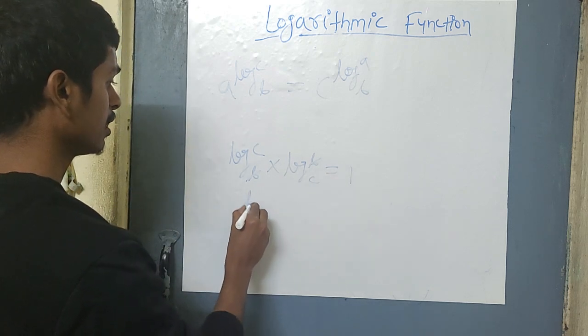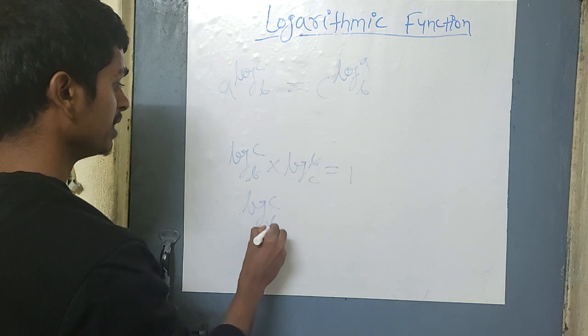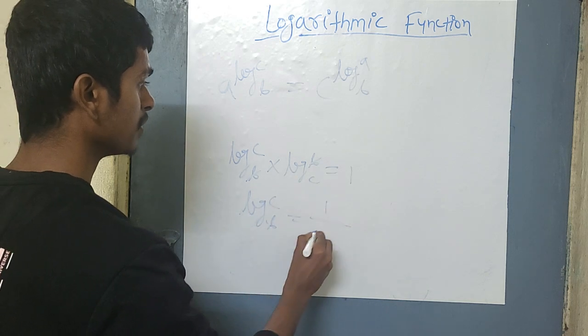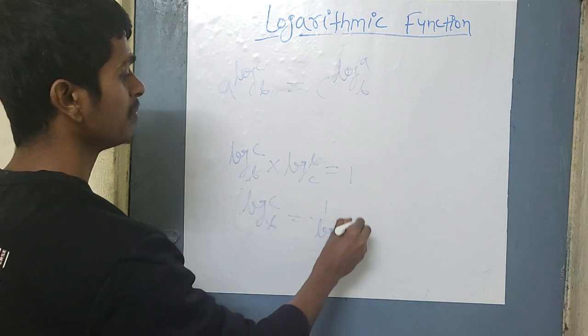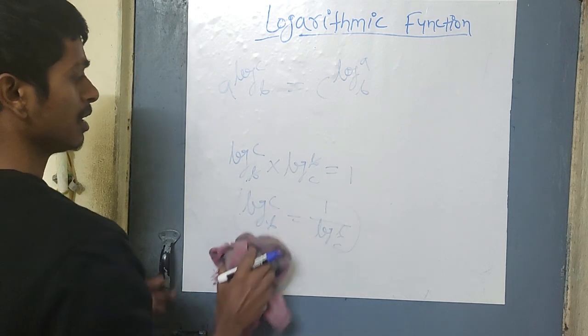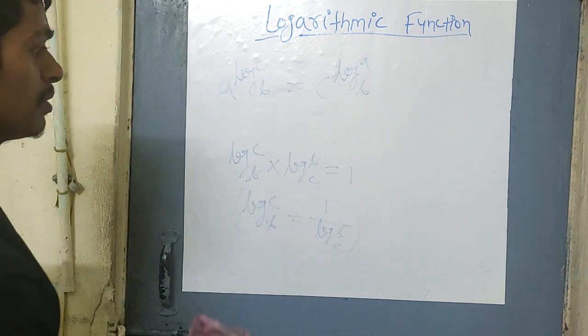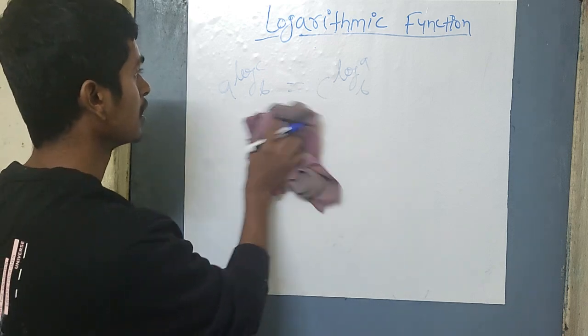So you can write log c with base b equal to 1 upon log b with base c. This is also a very basic property. I will use this in proving this. That's why I have written it.